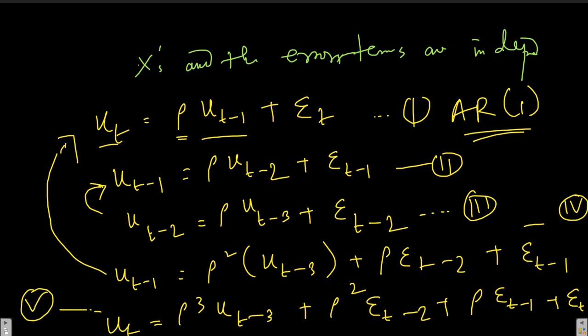Now I can see I can express u_t in terms of some remote error term u, and then I have all the e terms, which is essentially a series.